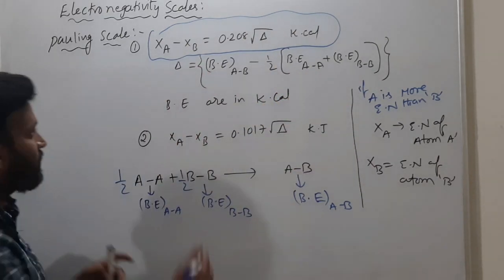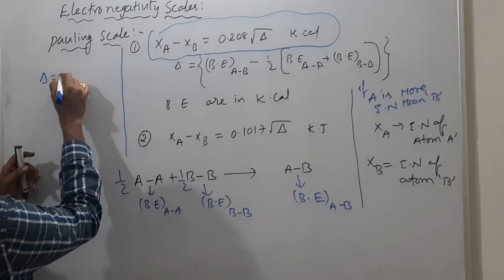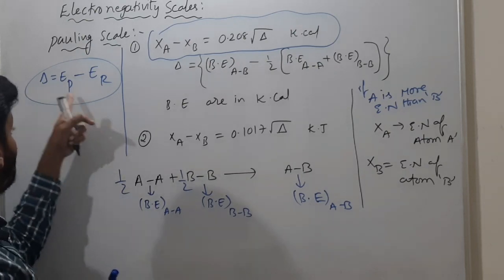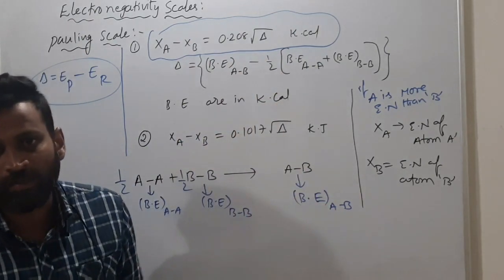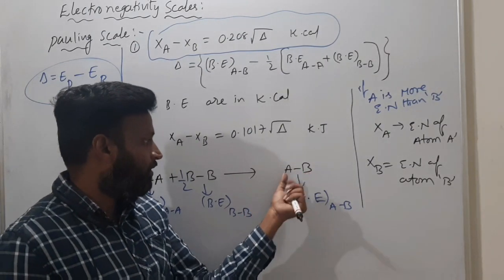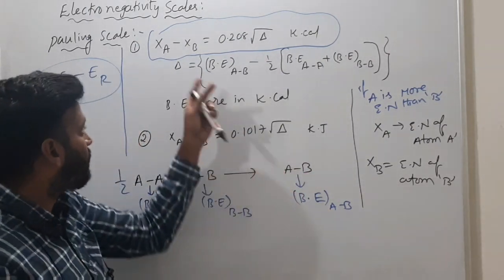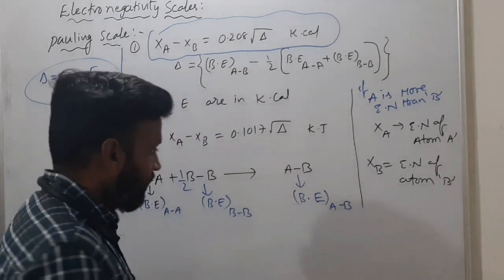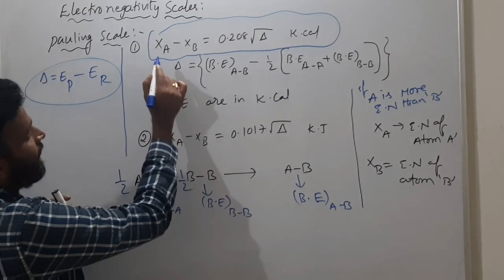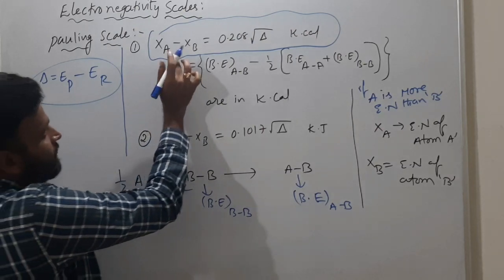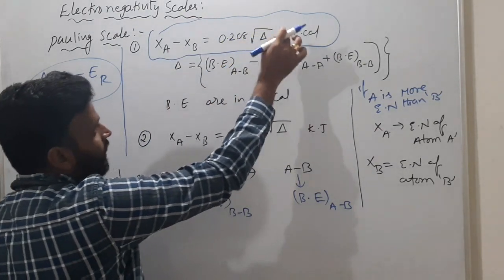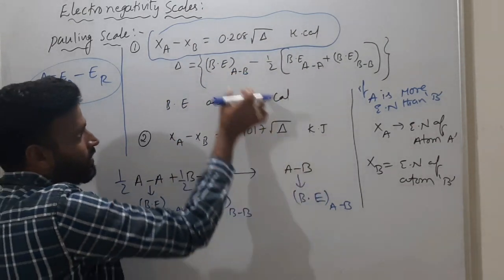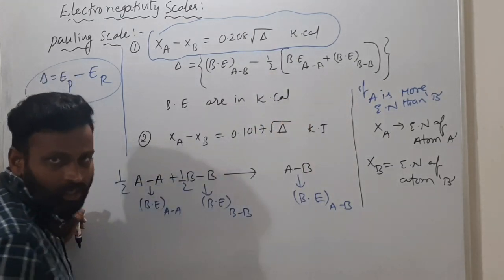AB is a product, yes. Between A and B, A is considered more electronegative, so we wrote XA minus XB. Pauling gave that XA minus XB equals 0.208 root delta kilocalories, where delta is the bond energy of products minus that of reactants.